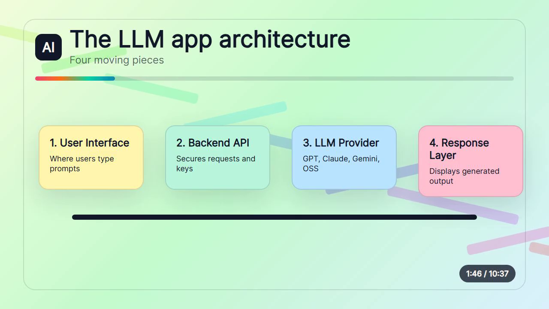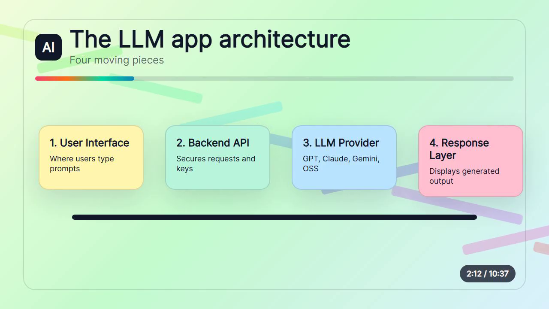Every LLM application has four main pieces. First, the user interface. This is where users type prompts and read responses. Second, the backend. The backend processes requests securely and protects secrets like API keys. Third, the LLM API.